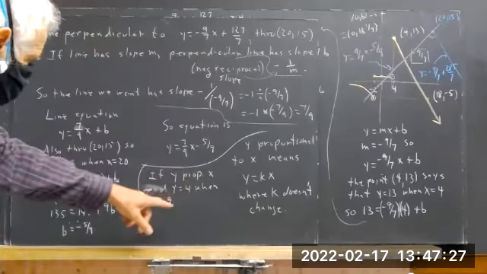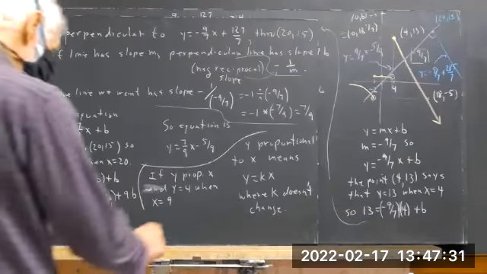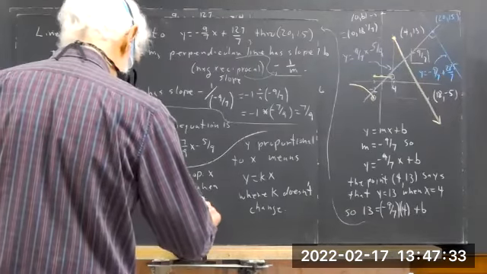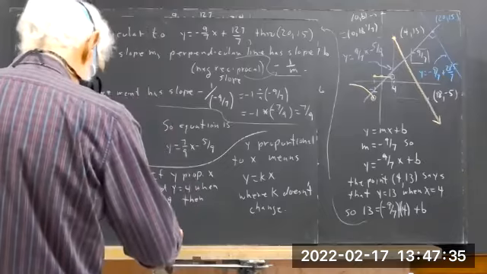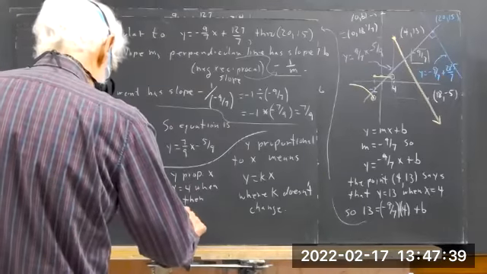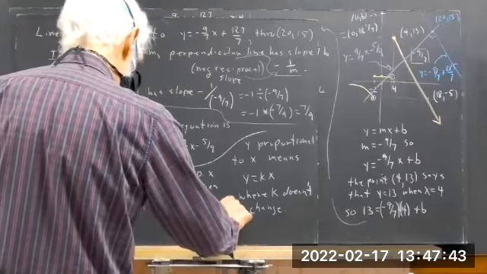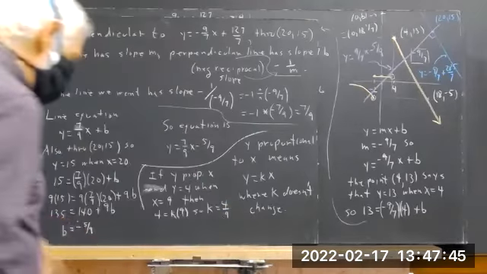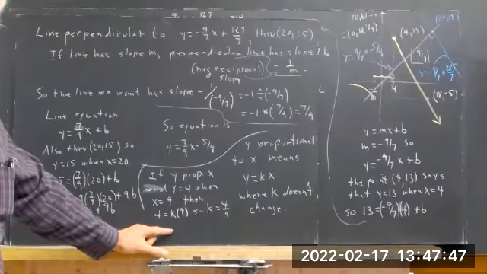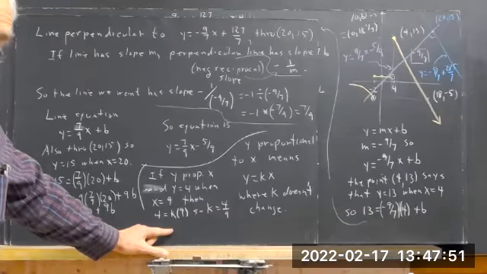If y is proportional to x and y equals 4 when x equals 9, then 4 equals k times 9. That's not a tough equation. You can solve for k. If you divide by 9, that's easy, right? You get k equals 4/9.